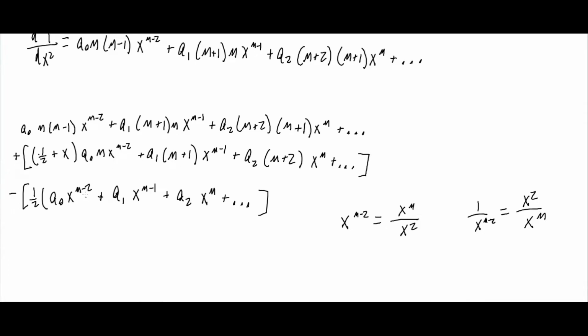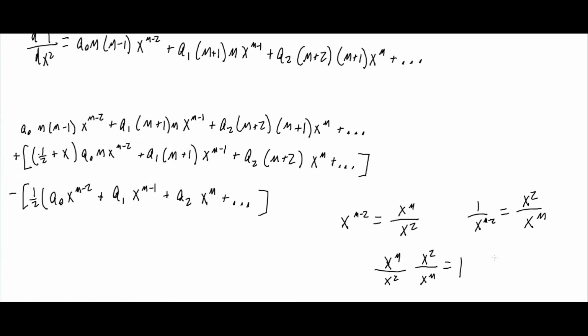And so we can cancel out these common terms of x to the m minus 2 by essentially dividing by it, because what we end up getting is x to the m over x squared times x squared over x to the m. So this multiplication is the same as dividing by x to the m minus 2. So everything is just going to cancel out, and this ends up being 1.